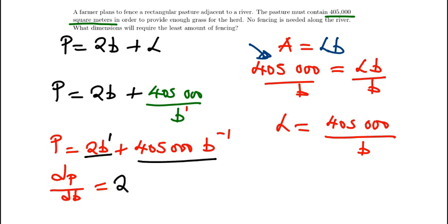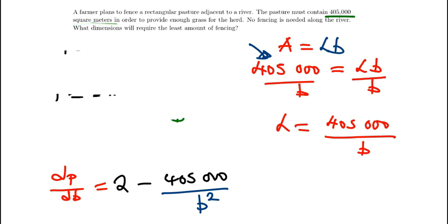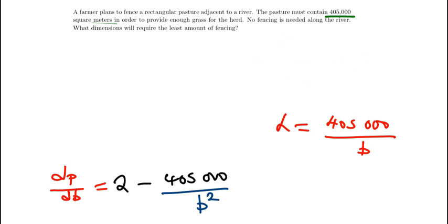Then the derivative of 405,000 B to the power negative 1 becomes negative 405,000, and the power, you subtract 1, becomes negative 2. So you can take the B to the power negative 2 to the bottom so that it becomes a positive power, which is just B squared. These other equations can be removed. We can leave the one where L is the subject, because we need to find that.